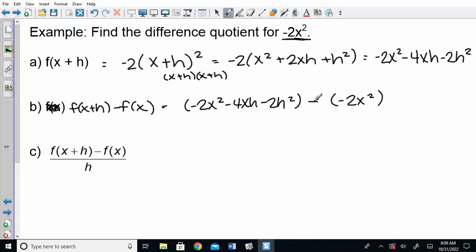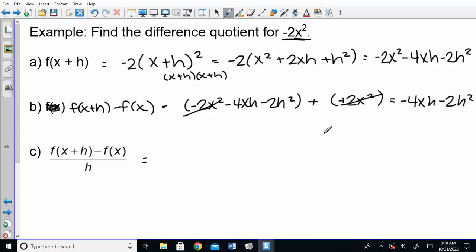So when I look at this, if I distribute that negative, it makes it a positive. Negative 2x squared and positive 2x squared cancel out. So we get negative 4xh minus 2h squared. All right.